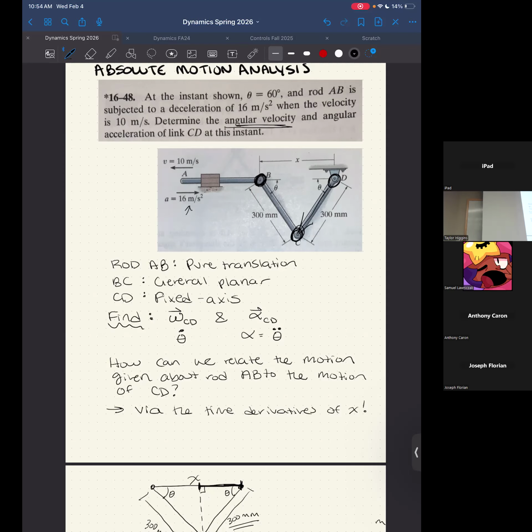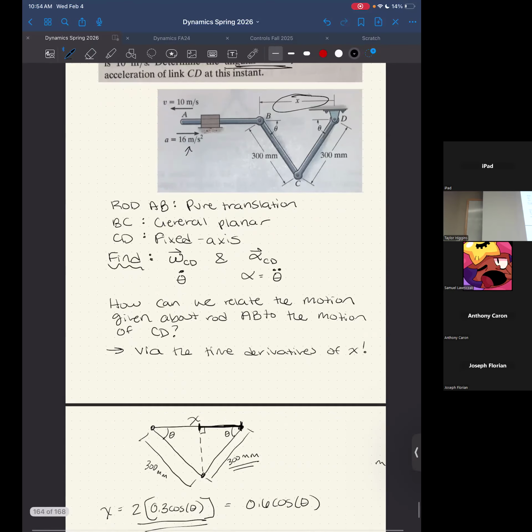However, the way that I did it is likely simpler, and it depends on you recognizing that this quantity x, if you write it out based on the trig, gives you a direct relationship between the velocity of point B here and the rate of change of these thetas.